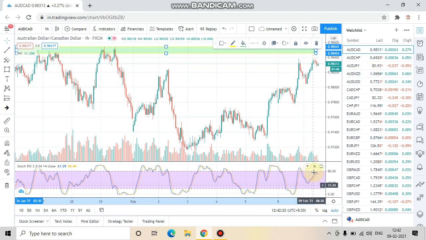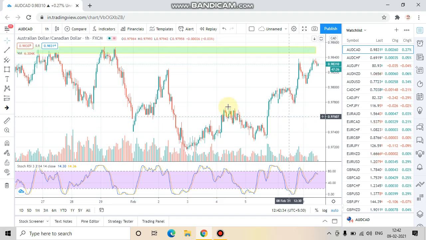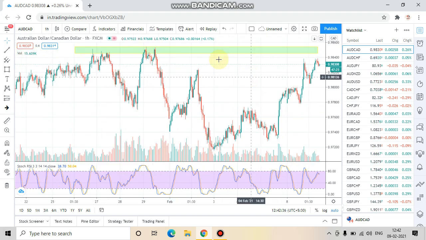You can also see that stochastic RSI is giving us a signal that it is not in a good position, and there is a divergence here also. Anyways, if we just look at a naked chart, it is very clear that there is a resistance at this particular price zone, the 0.9845 level.